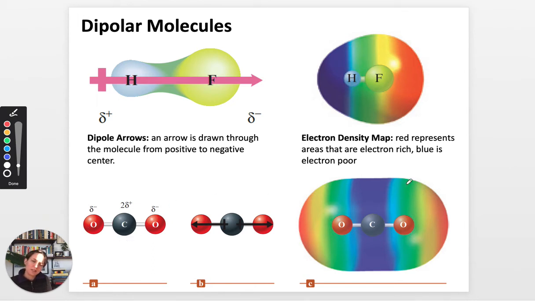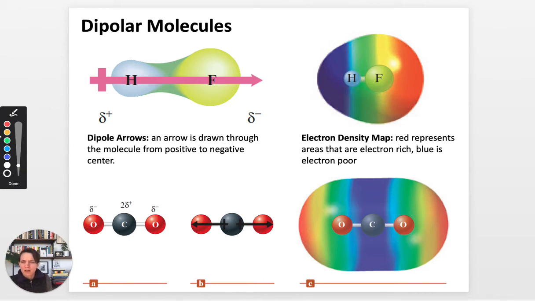If you look at the electron density map here, and you imagine this molecule being put in that same electric field that we saw our hydrofluoric acid going into, this is just going to spin, because we have two centers that are electron rich. So we don't have two obvious poles like here where we have our positive and our negative.